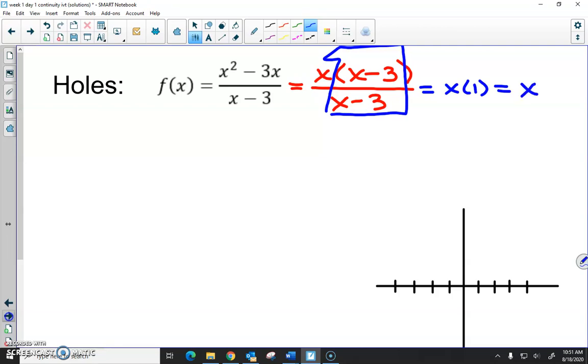Well, does that mean then that if I were to plug in f of x equaling x, or plug in this original function that I was given, would I have the same graph? Let's actually look at that on Desmos.